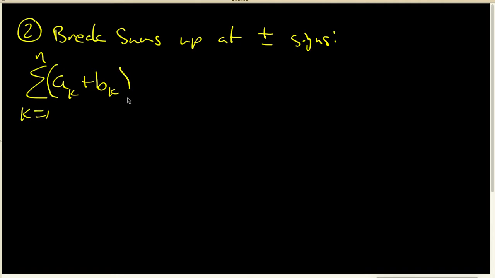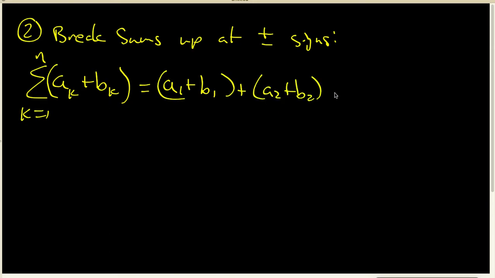In other words, my term has a plus sign in it. Well, what this particular notation represents is a1 plus b1 plus a2 plus b2 plus all the way up to where we finally get to an plus bn.